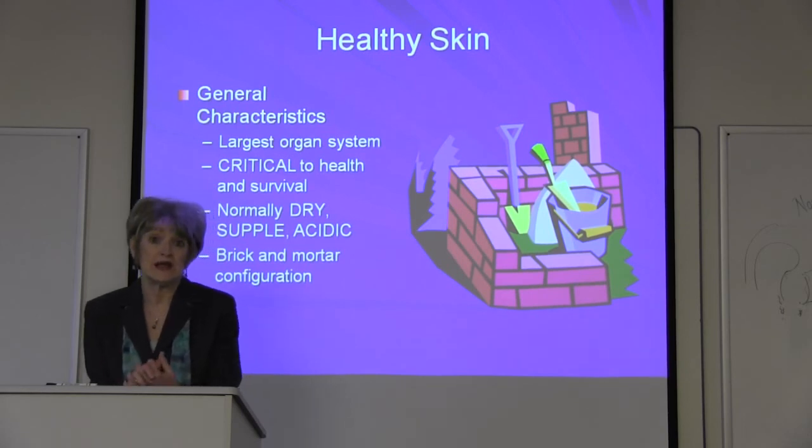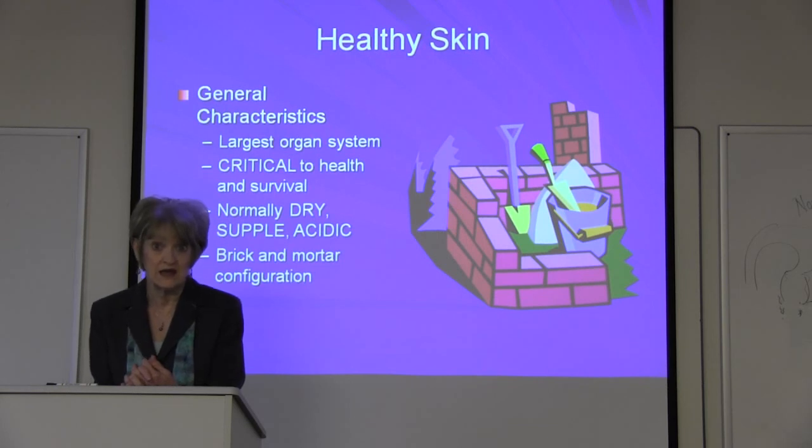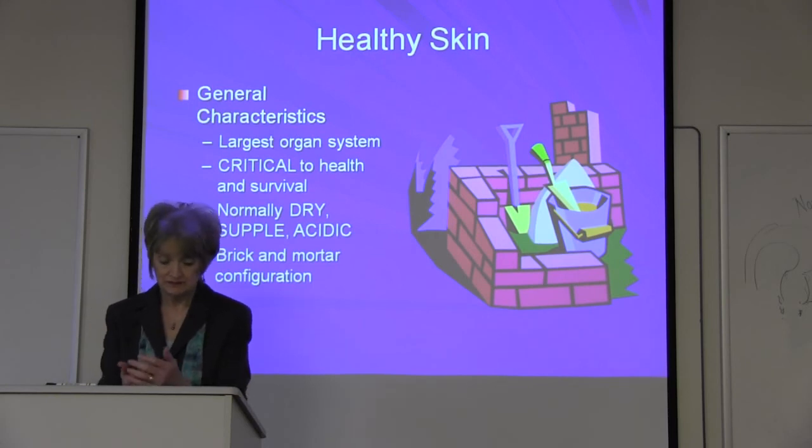And finally, we want to keep the skin in its normal pH range, which is slightly acidic. As long as the skin is slightly acidic, you have a barrier to bacterial growth, fungal growth, viral growth. So when we're selecting products for routine skincare, when we talk about products that are pH balanced, what we mean is products that maintain the skin in the acidic range.